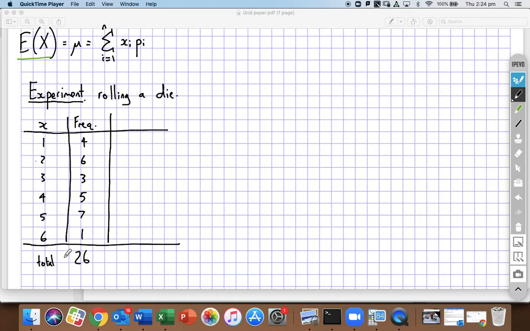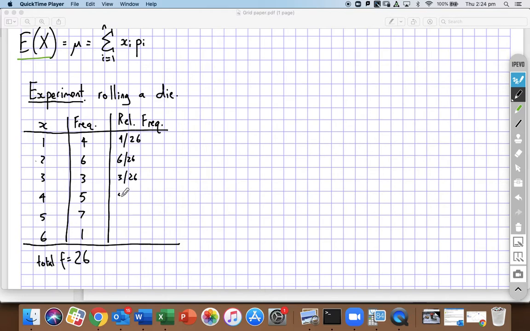Total frequency. And we could look at relative frequencies. Relative frequency, which is effectively like the experimental probability, right? So 4 out of 26 of the times I rolled a 1. 6 out of 26 of the times I rolled a 2, and so on.